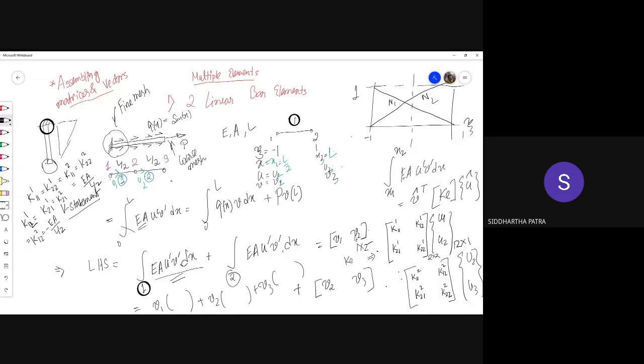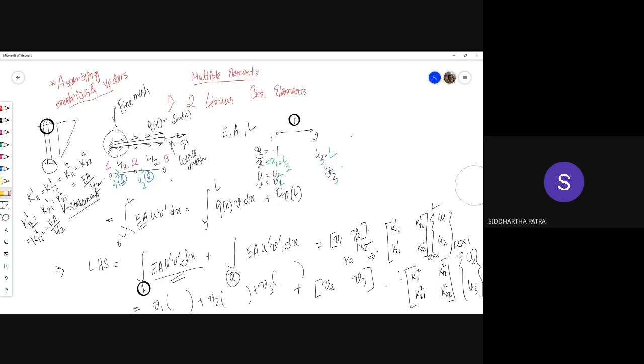So if I want to make, I mean, it might seem for the time being, okay, why am I complicating stuff? You see, I can only do handful of examples using pen and paper, okay, only for the simple problems.